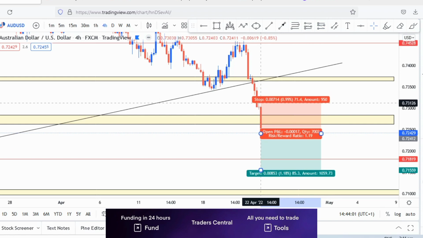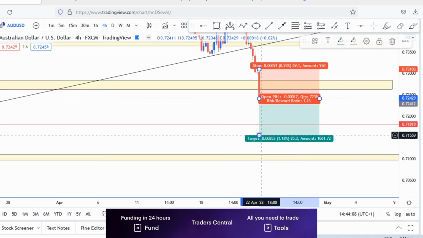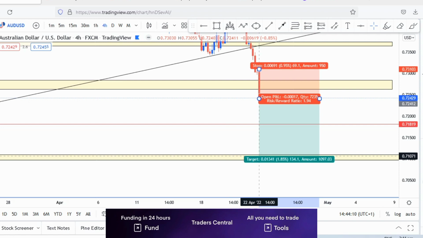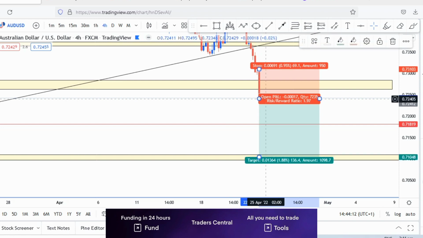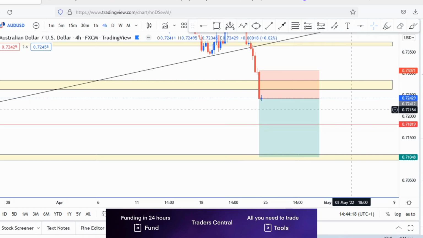My stop loss will just be above this candle here, around 70 pips, and then I'll be looking to take my take profits at 130 pips thereabouts. So it will be about a 1:2 risk to reward ratio is what I'll be looking at for this trade.